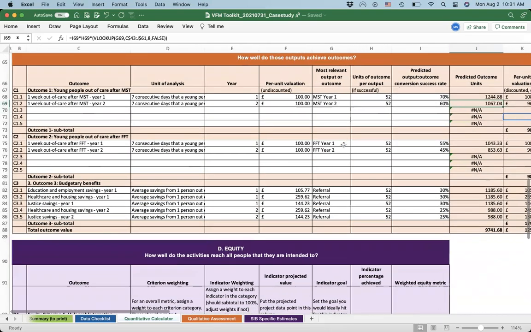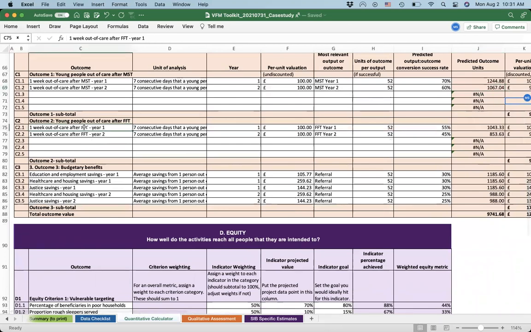Perhaps another outcome would be that you have budgetary benefits. So let's say that otherwise those youth would be in a less desirable situation that perhaps creates a lot of other unfortunate outcomes for the community. And when you have this type of outcome where you're keeping kids, these young people, out of care, keeping them maybe healthier and less likely to have bad outcomes in their own lives, you're also having a lot of savings for your community.